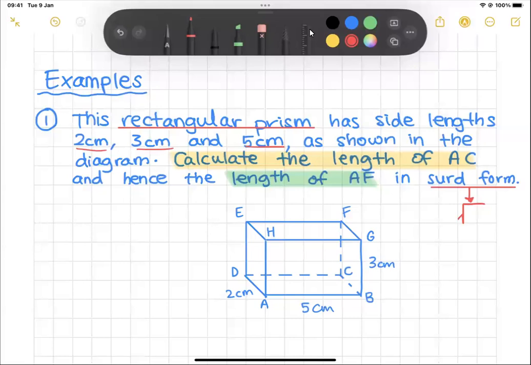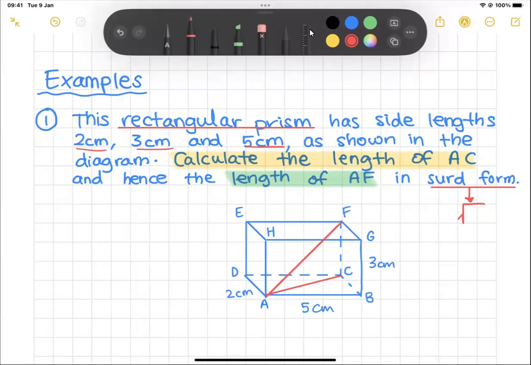Now I need to break down what I have. The question says length of AC and also finding the length of AF. Where is my AC first? Let's identify that. My length of AC is right here. And then my length of AF is from this point to the other point here.